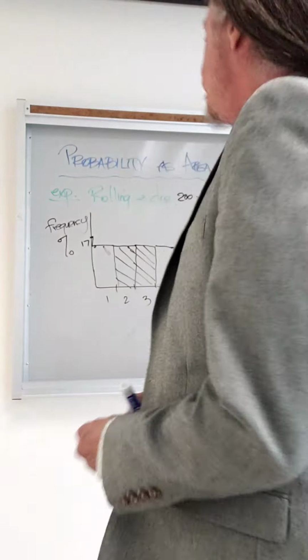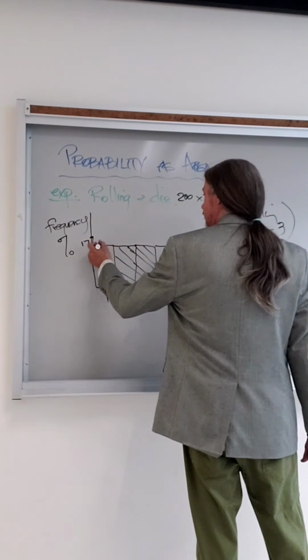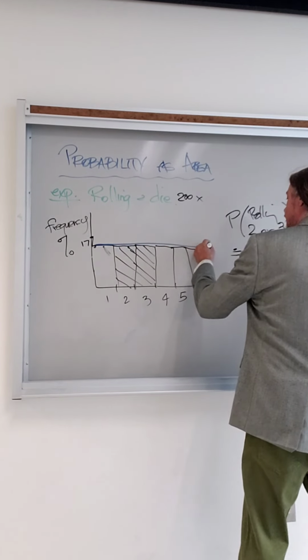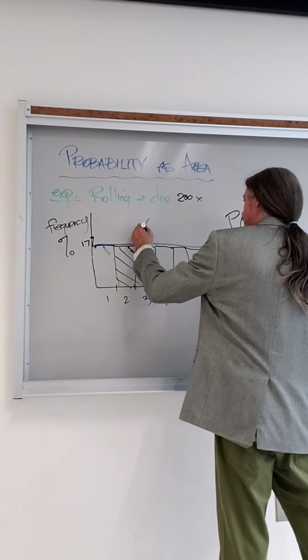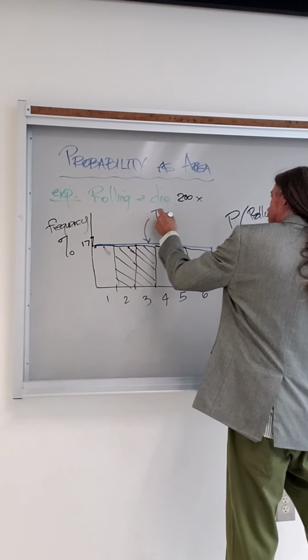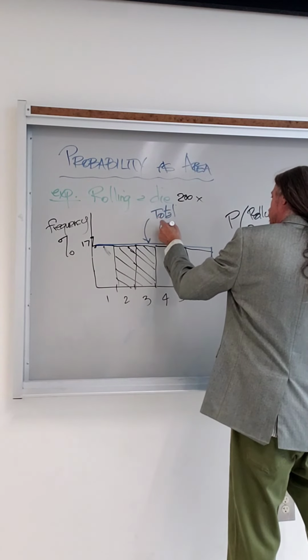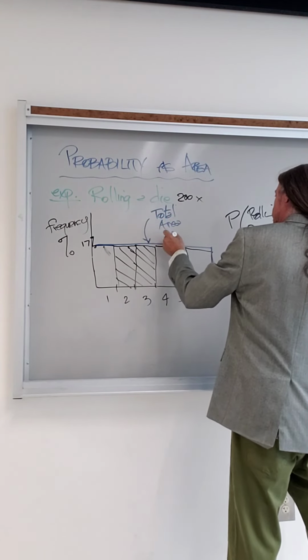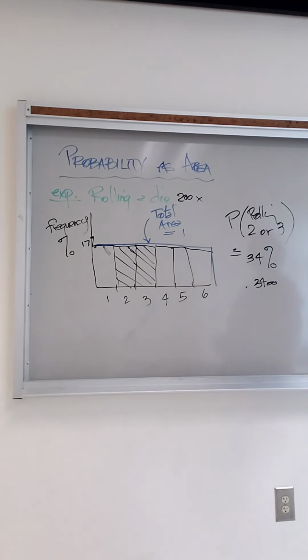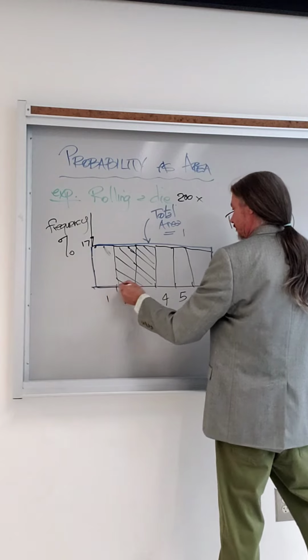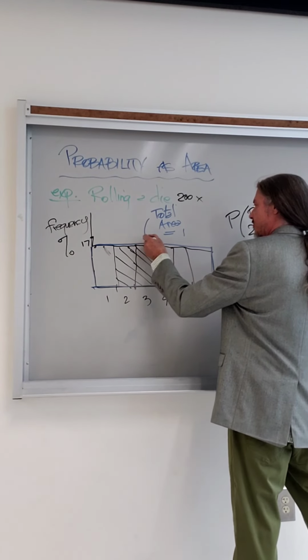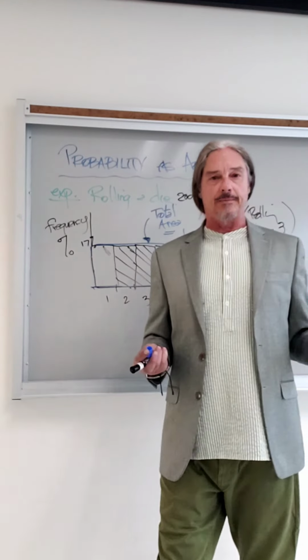Now I'm saying this because what happens when the graph is funkier? You do the same thing. The whole total area has to equal 1. The total area has to equal 1 of the whole blue rectangle, because that's every possible thing that can happen.